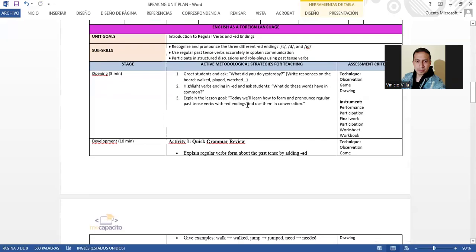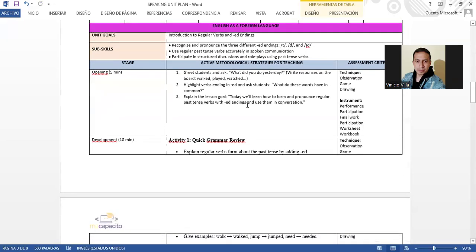Well, opening. Here is the stage where I'm going to activate students through a warm-up activity. One of the things that I want to activate in them is to read the students and ask questions. For example, what did you do yesterday?